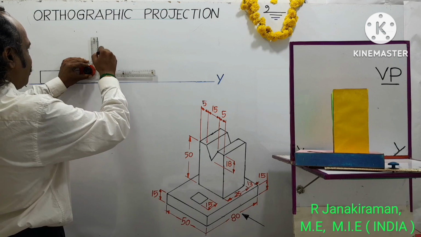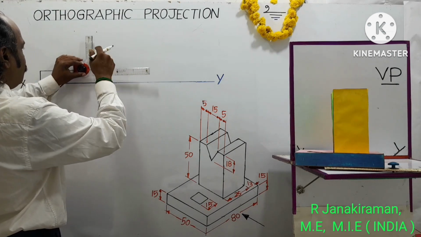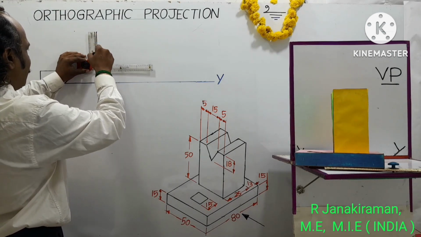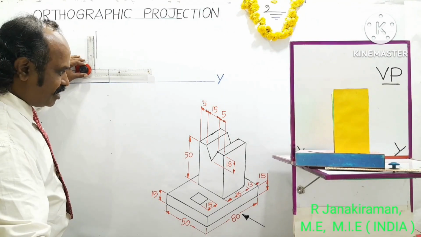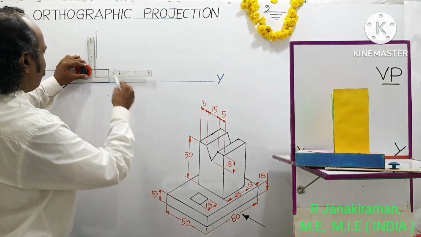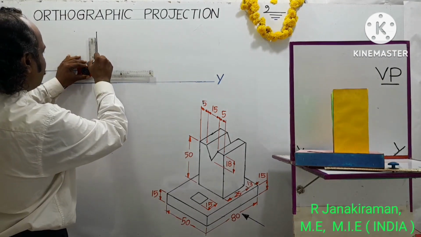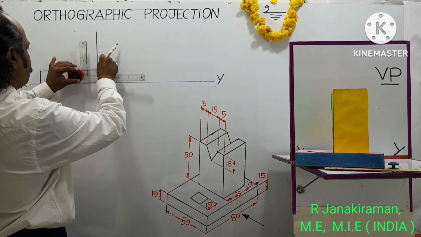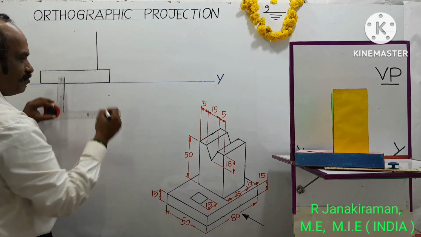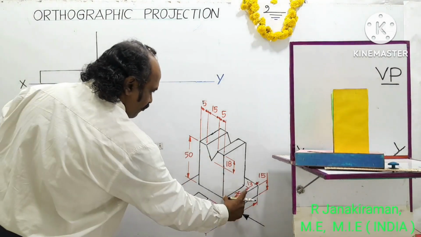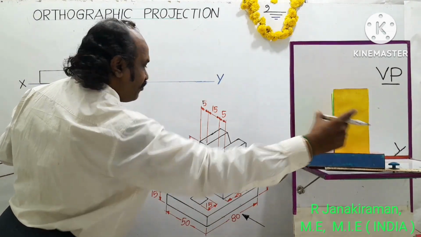There you draw one vertical line using the vertical scale of a drafter, and its height is given as 50 mm. The height of the square block is 50 mm, meaning 5 centimeter. And the square size is 25 mm. This yellow portion is 25 mm.